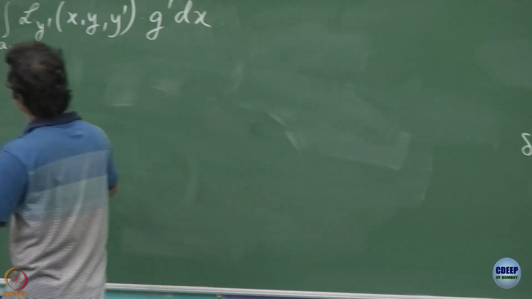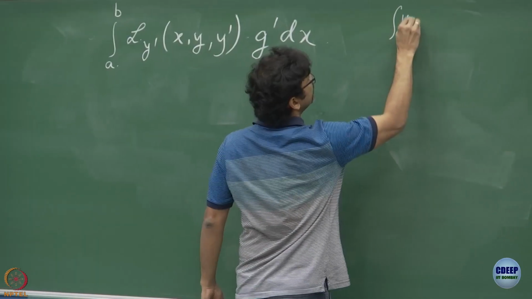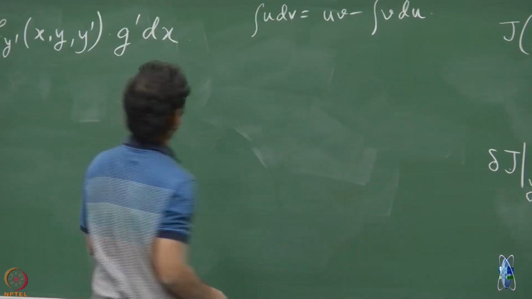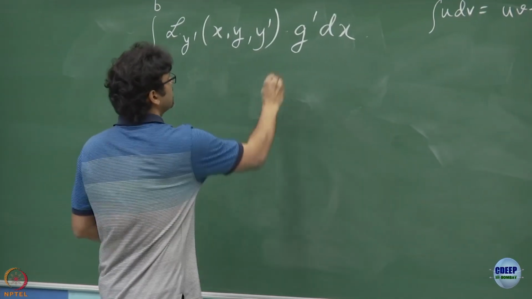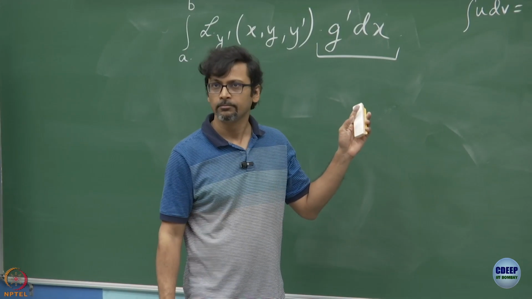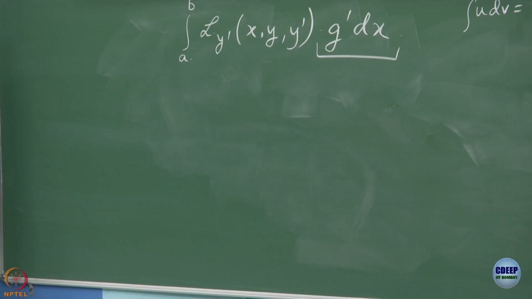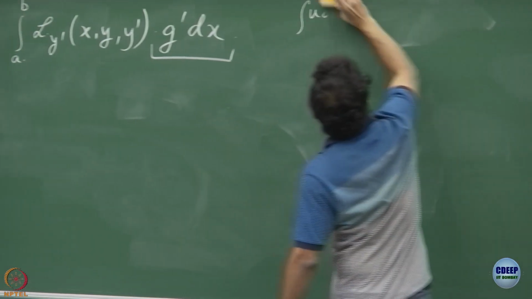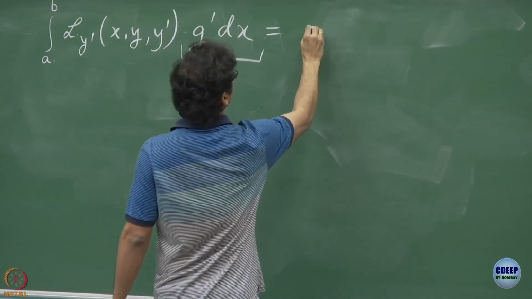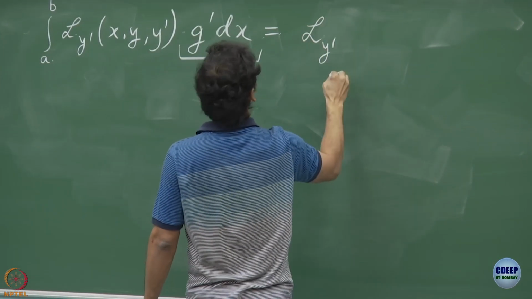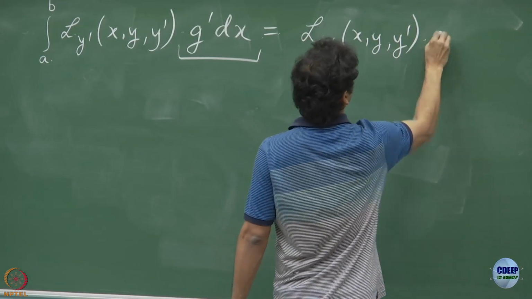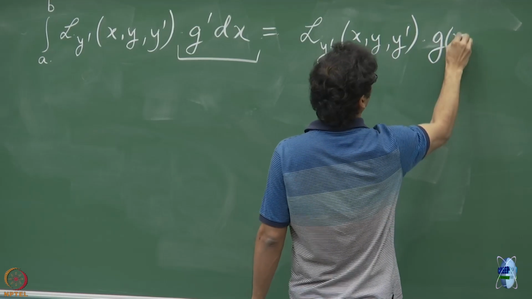Because in integration by parts, we have the integral of u dv is equal to uv minus the integral of v du, and that dv part is clearly being suggested by this bit here. So let us try to do that here. This is going to be L with respect to the third argument, x, y, y prime, g of x.